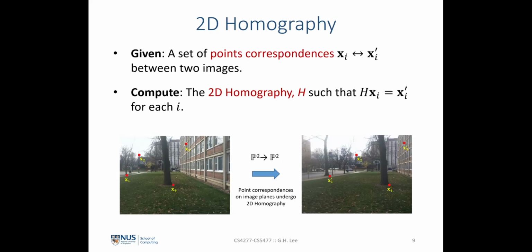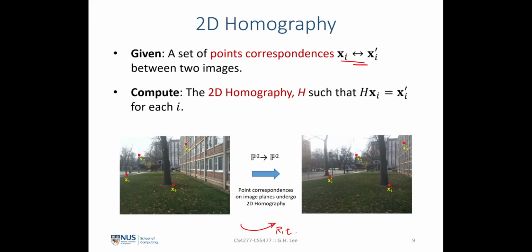The next question to ask is, given two images where we have a set of correspondences and we know that the homography exists, we want to compute the homography from these point correspondences. For example, in this case we see that there are 4 point correspondences. We know that x1 corresponds to x1 prime over here. They belong to the same point but at a different viewpoint. So there is a certain rotation and translation that relates the two camera centers for these two views.